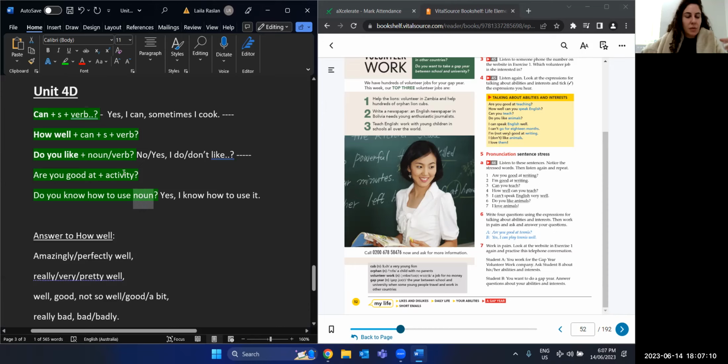It's not running, swimming, jumping. So that's why I changed it to this one. I think this is better when you're talking about a noun or an app. Do you know how to use WhatsApp? Yeah. Good question. And Fernando said, yes, I know how to use it. Fernando, pick someone.